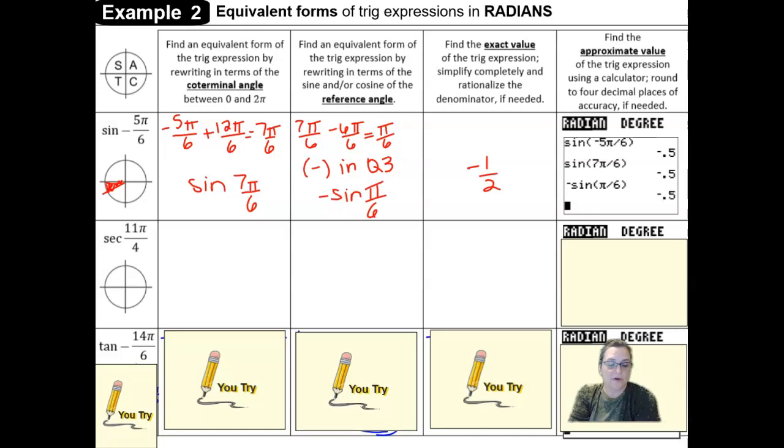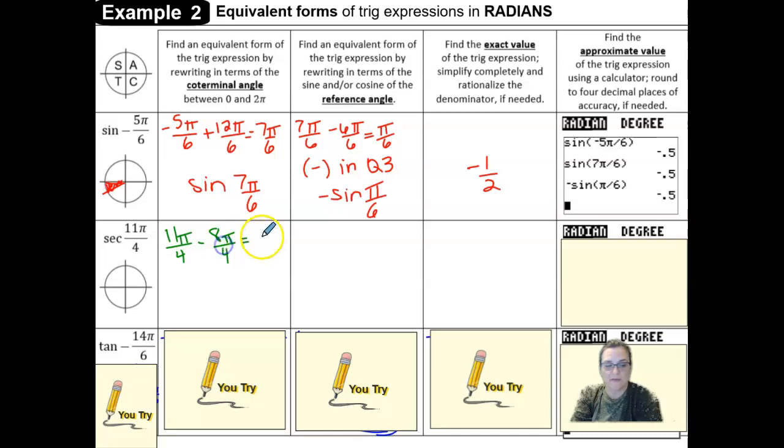Okay, next we're going to evaluate the secant of 11 pi over 4. And first we want to find where that angle is on the circle. So if I double the denominator, that's 8 pi over 4 would be 1 rotation. So if I subtract 1 rotation of 8 pi over 4, we're headed in the clockwise direction.